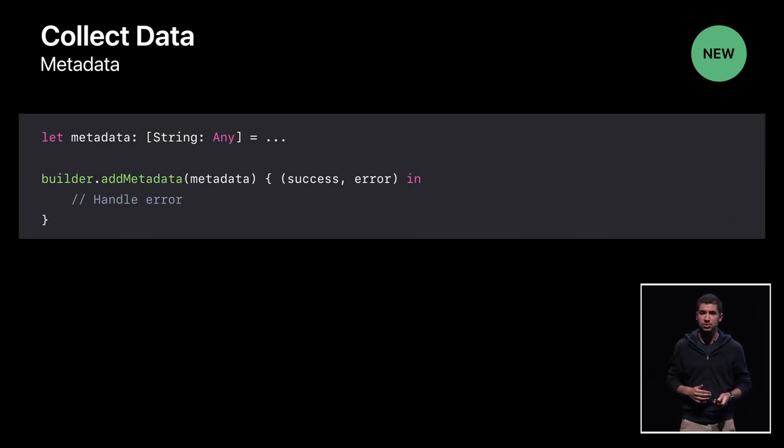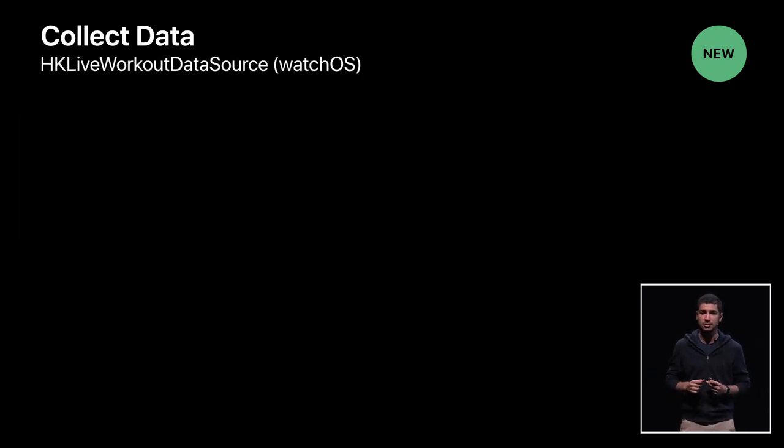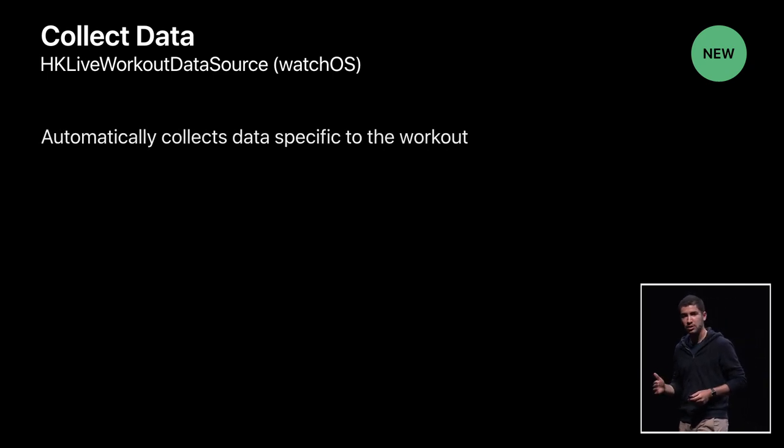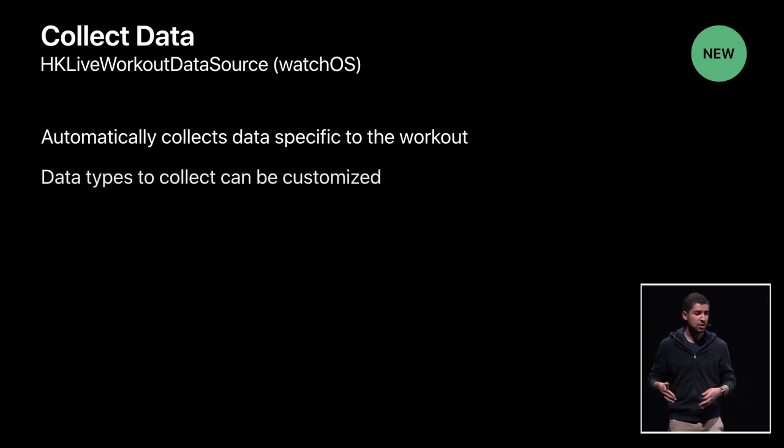And it all starts with HK Live workout data source. So the data source will collect samples that are relevant to the workout currently running. You do, however, have the option to customize which types you want to collect, so you can add or remove types as you wish. And this is how it works.